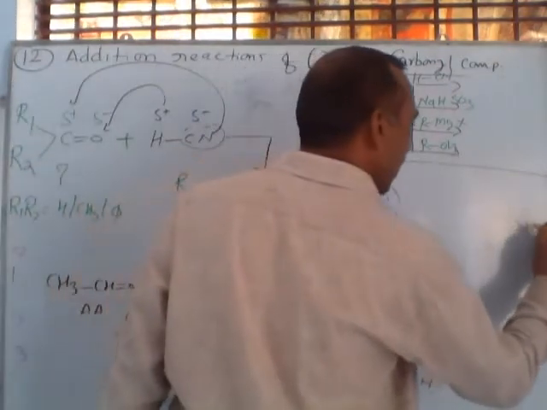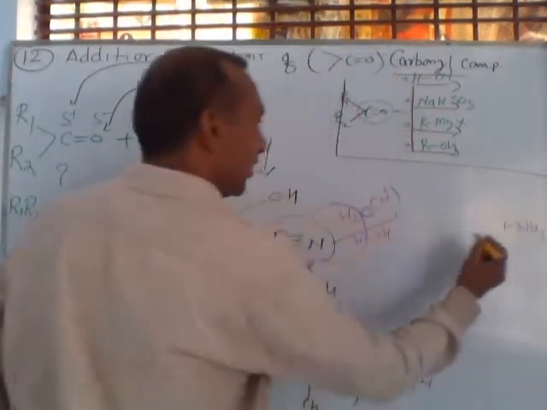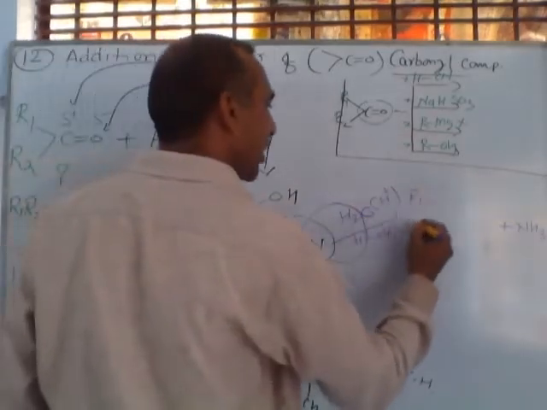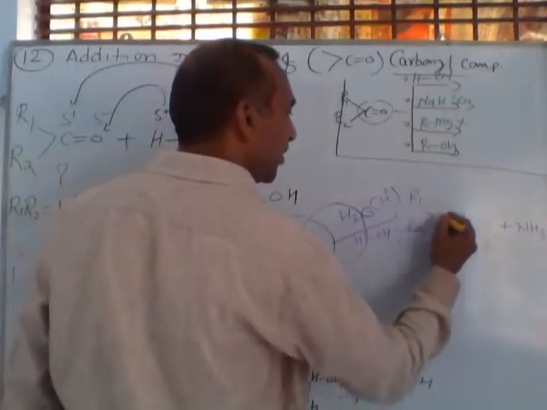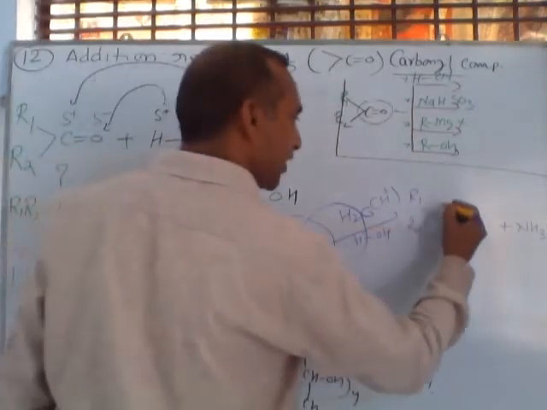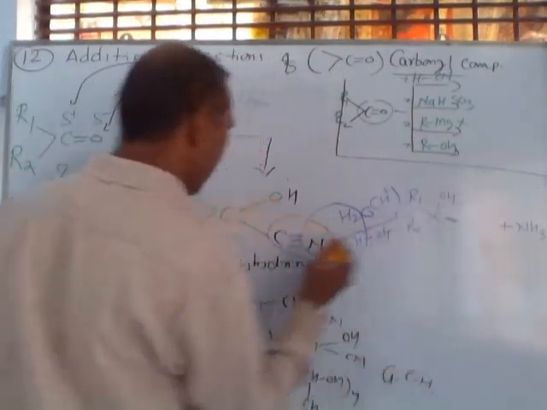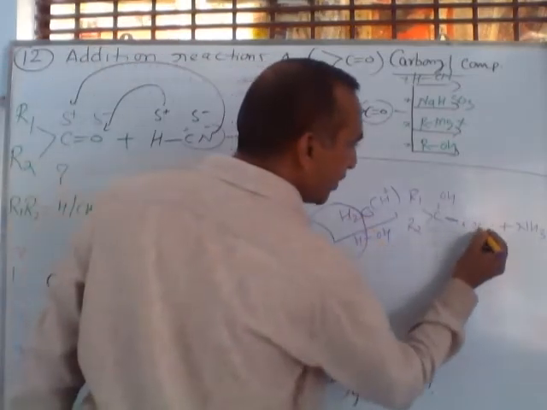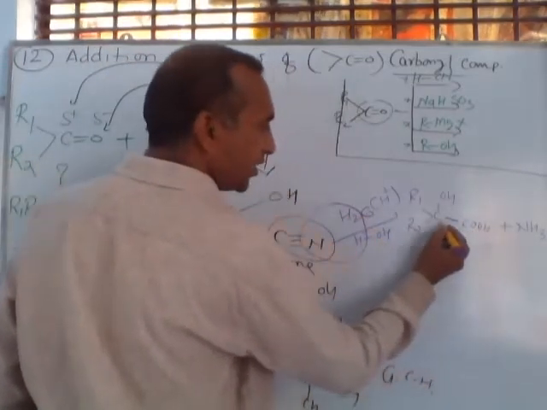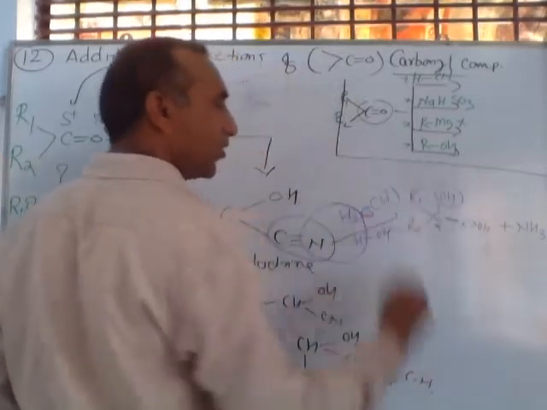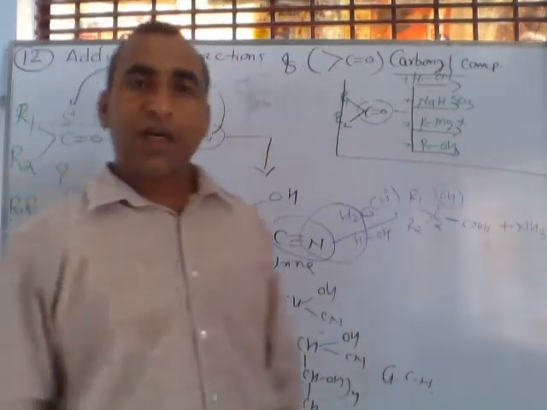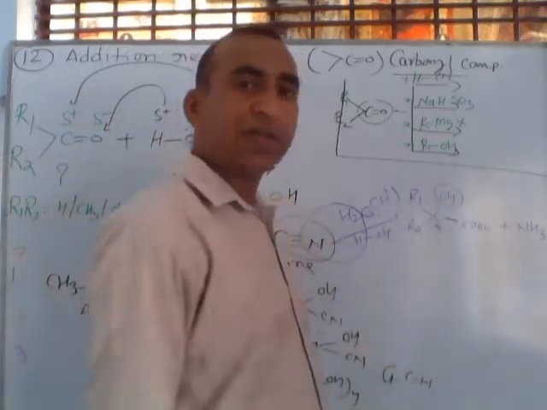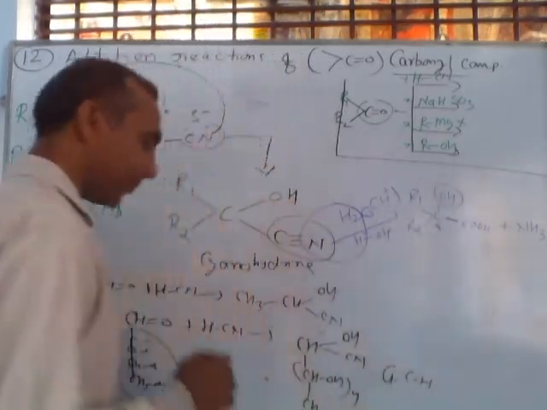After the reaction, ammonia is removed. Can you write the product? R1, R2 depend on the initial product, C with OH, and this group will come as C plus COOH. This is a carboxylic acid, this is the alpha carbon and this is an alcohol. So these are alpha hydroxy carboxylic acids.